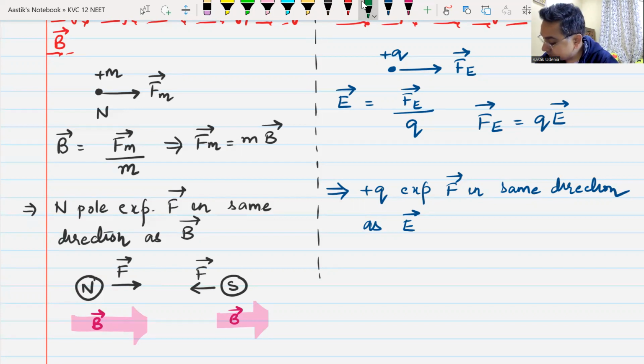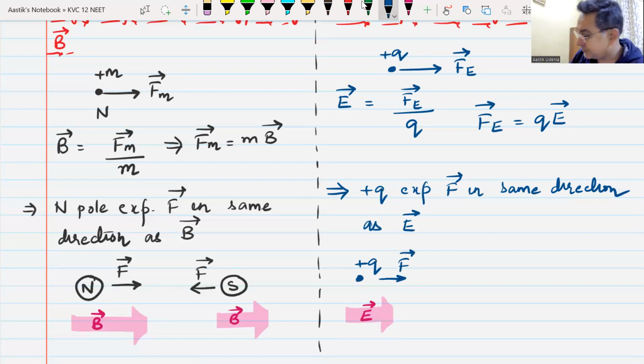Taking the analogy here, if I have a positive charge plus Q, and if I have an electric field in this direction, this will experience force in the same direction.